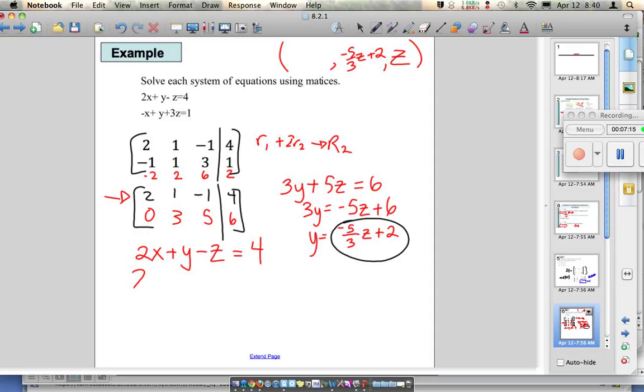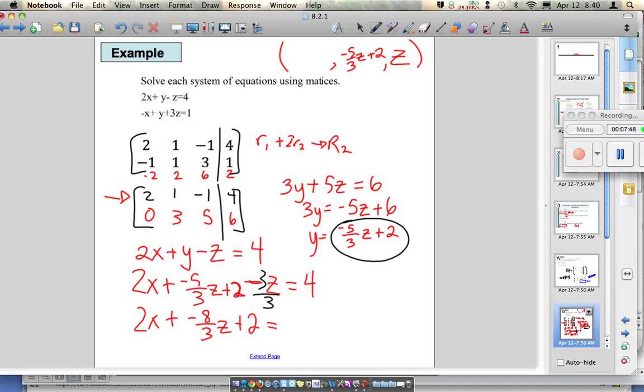So 2x will stay. Y is going to be negative 5/3 z plus 2 minus z equals 4. As I continue, I see that I'm going to change this z to a common denominator with the other one. So now I can see that it's 2x plus negative 8/3 z plus 2, that's a 2 by the way, equals 4.